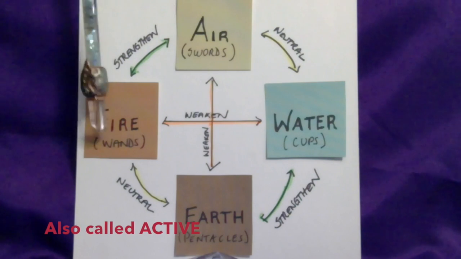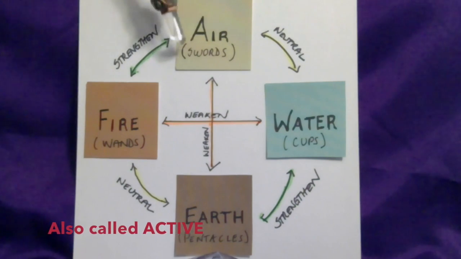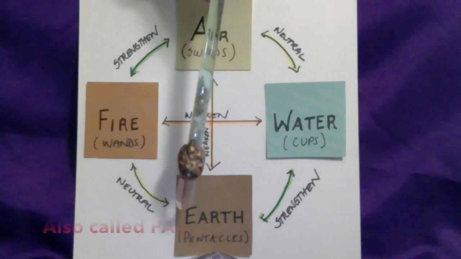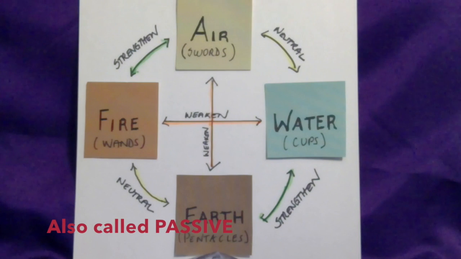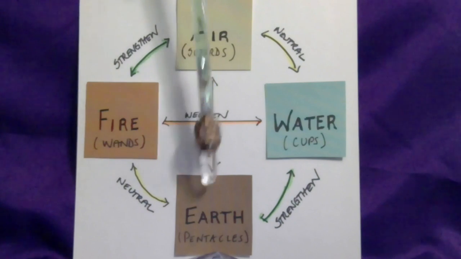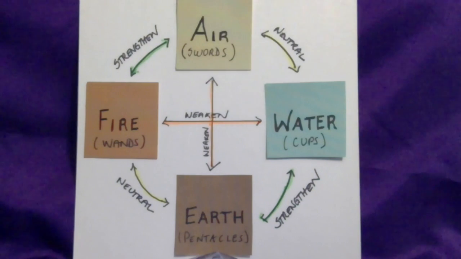Fire and wands are masculine, air and swords are also masculine, and water and cups and earth and pentacles are both feminine. So you have 2 elements and suits that are masculine, which are here and here, and 2 elements and suits which are feminine, here and here. And that is the polarity.